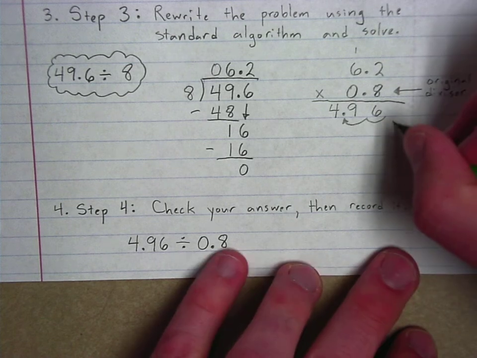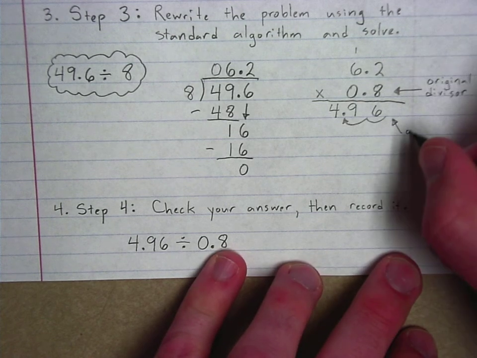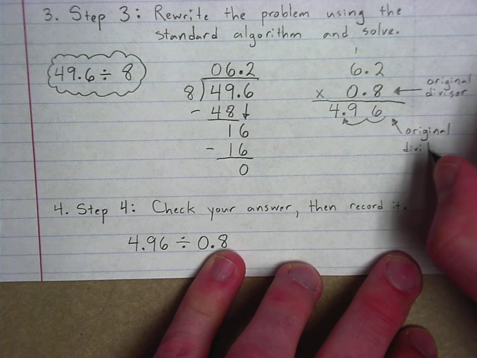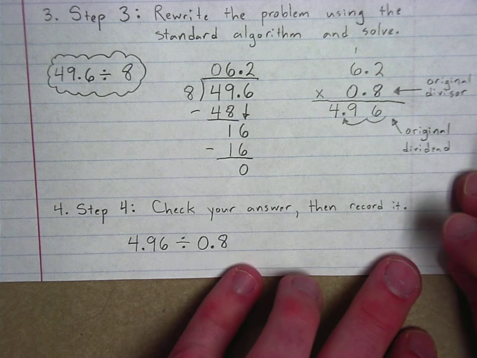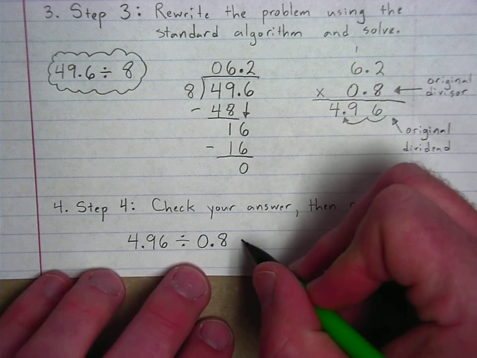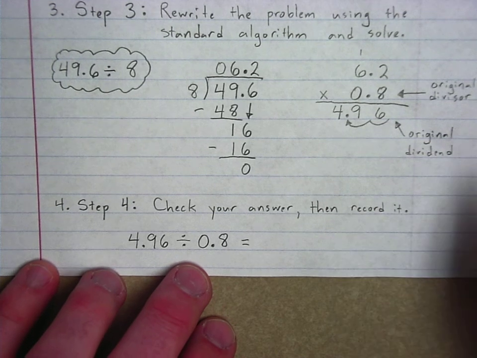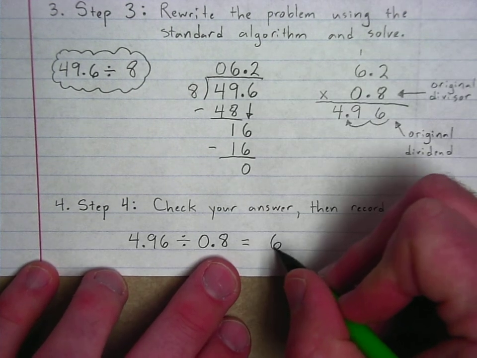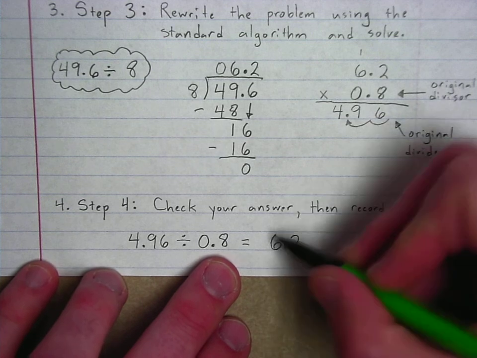Now, is this our original dividend? 4 and 96/100. Why, yes it is. So now that we've checked, we know that our final answer right up here is correct. 6 2/10.